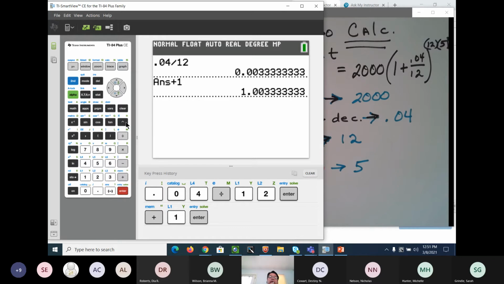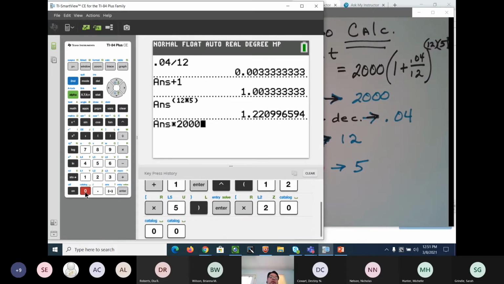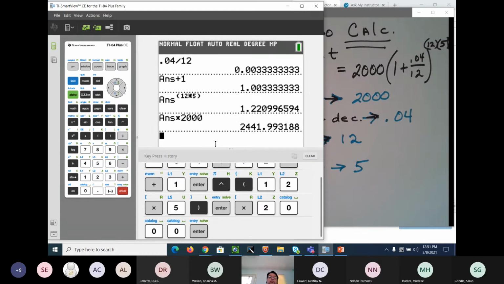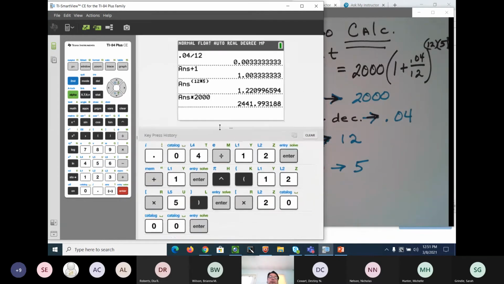That means take my answer and raise it, and you can put it in here. Parentheses and say 12 times 5 and close parentheses. And that's that number right there. And now all you got to do is multiply that by 2,000. And at the end of 5 years, that's how much money you got in the bank. So there are the keystrokes to plug that in.